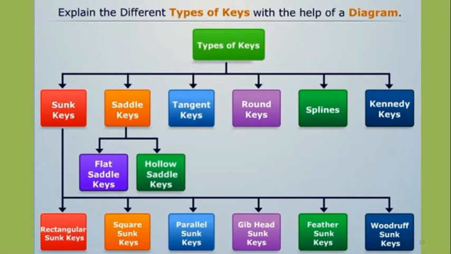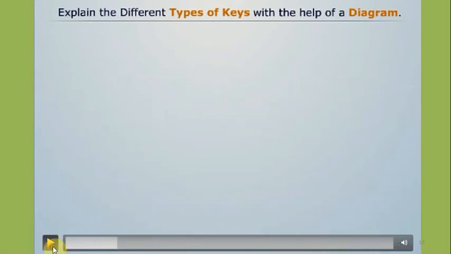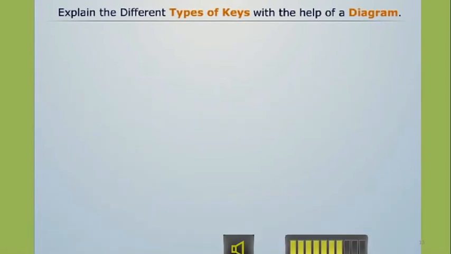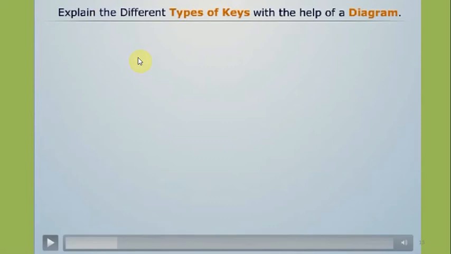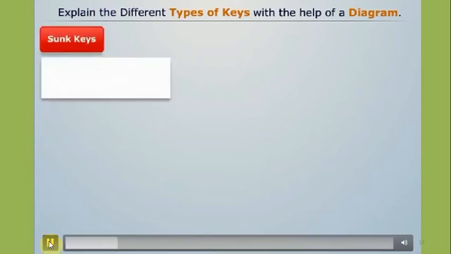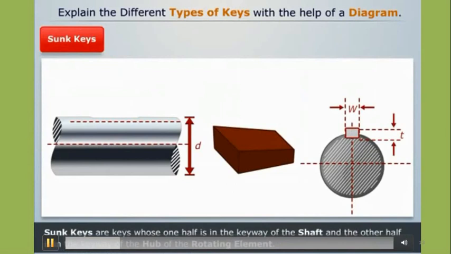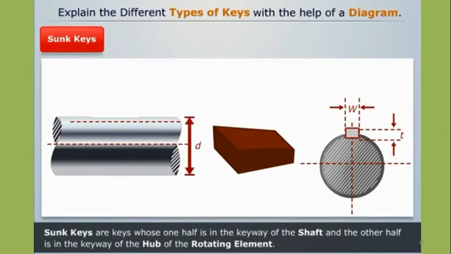Now let us understand each of these keys one by one. Sunk keys are keys whose one half is in the keyway of the shaft and the other half is in the keyway of the hub of the rotating element.